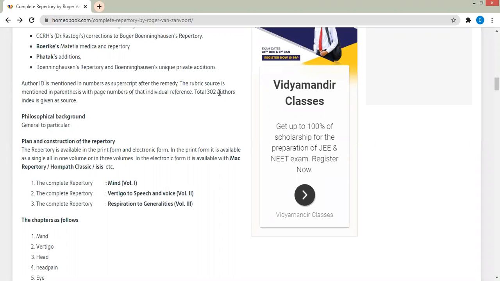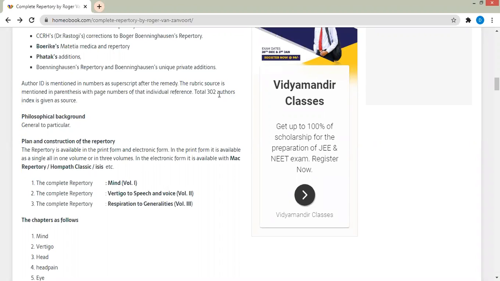In total, 302 authors are given in the index as sources. So the sources for this book are the work of about 302 authors. From the work of 302 authors, he collected the important information and constructed this unique work.